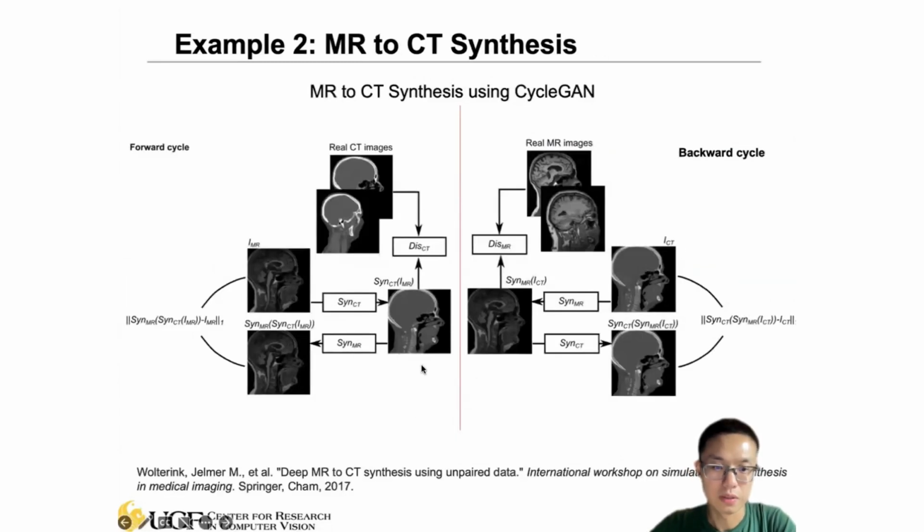And this paper here uses MRI to CT synthesis using CycleGAN, right? So the methodology again adopts this CycleGAN approach, but here the application is we want to generate CT from MRI, right?